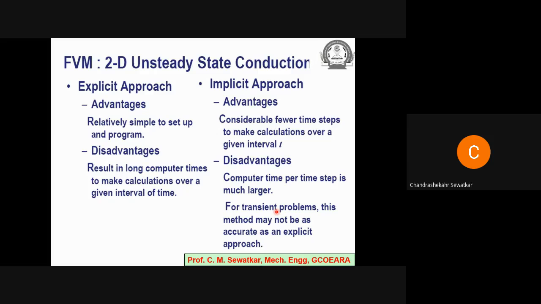On the contrary, in the case of the implicit method, my delta t doesn't matter. My implicit methodology gives me a stable solution, and there is no stability criterion in terms of delta t. So if I want to do the simulation for 10 seconds, I can use, let's say, 1 second as the time step, and then I will have to do only 10 iterations.